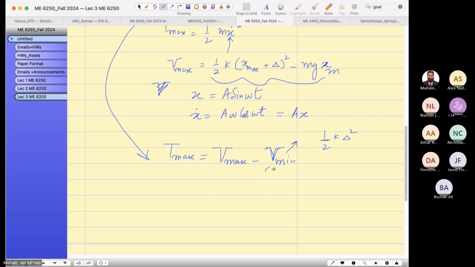So I can write it down like half m x dot square; V max is half k, x plus delta square, minus mg x, and minus half k delta square. This is for this position.